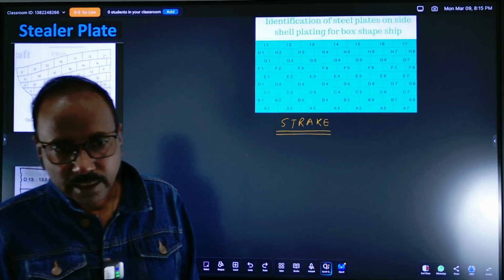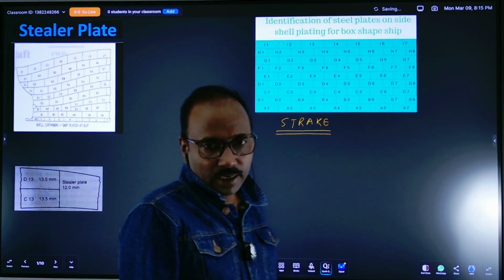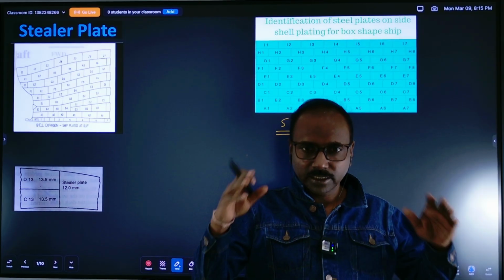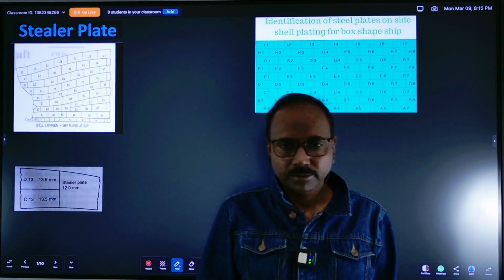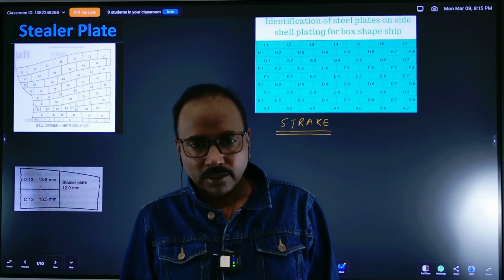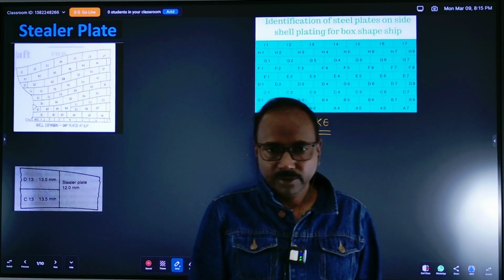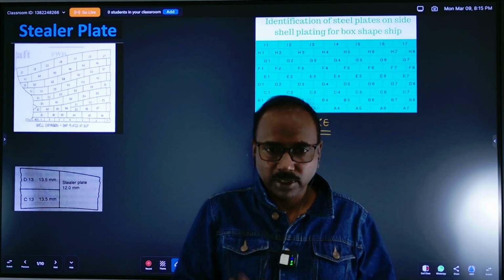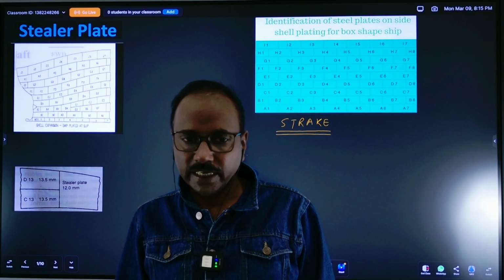You know that the ship's hull is the complete hull, the side shell plating and everything. The shell is made up of steel plates joined together by welding.